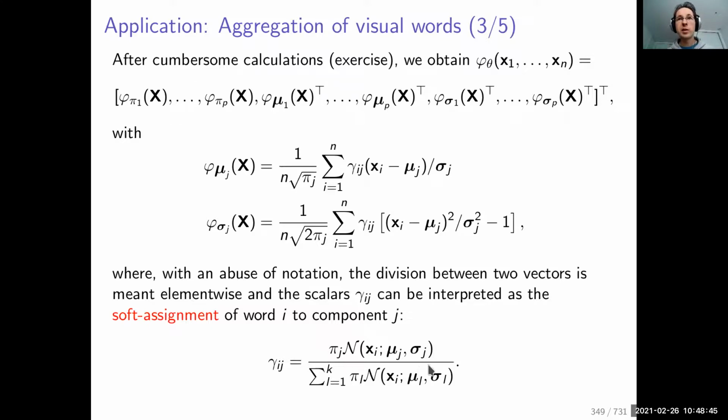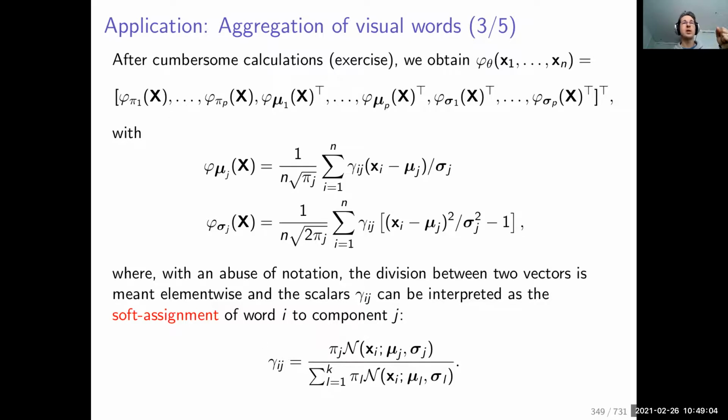Because when we look at this, if xi is very far from the mean mu j, this quantity here is going to be small. And here it's normalized such that these weights sum to 1 if we sum over the components. So it's really a soft assignment.